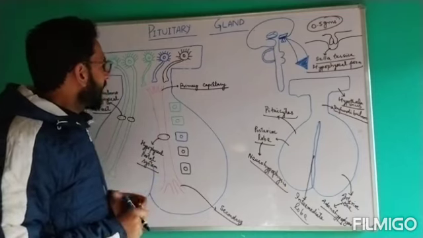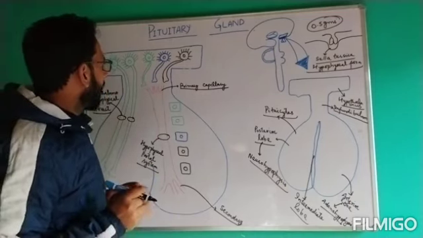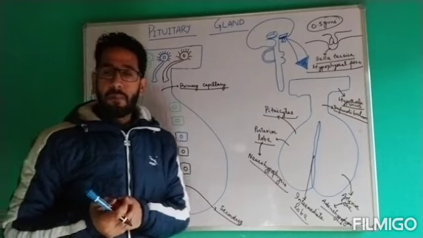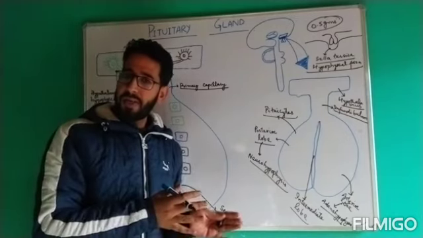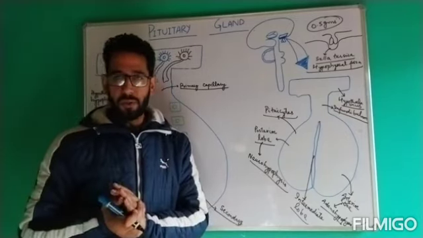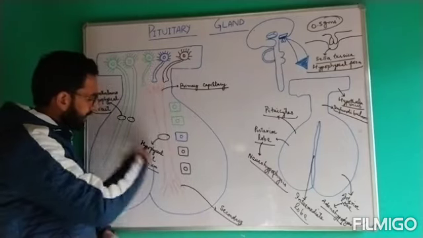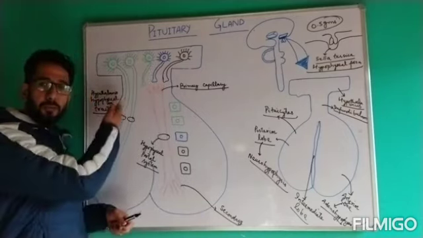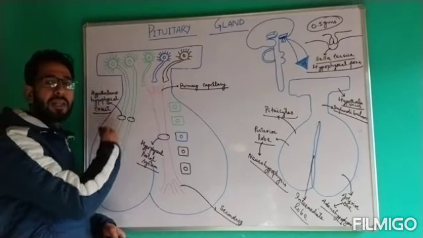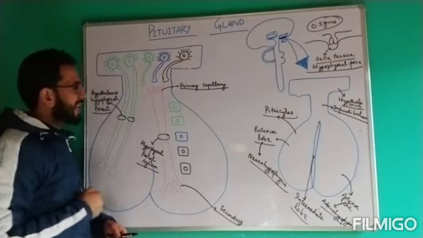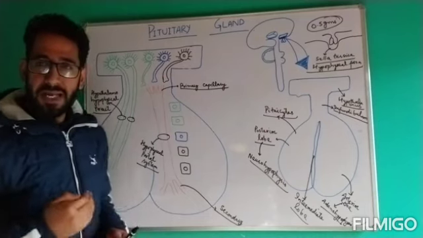Fine. Okay. Now we'll see the hormones which are secreted by the posterior pituitary gland and then the anterior pituitary gland. So first we will see the posterior pituitary gland. This posterior pituitary lobe, or the neurohypophysis, is actually not a true endocrine gland.